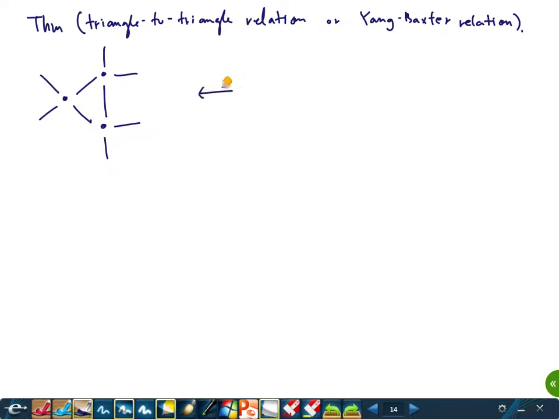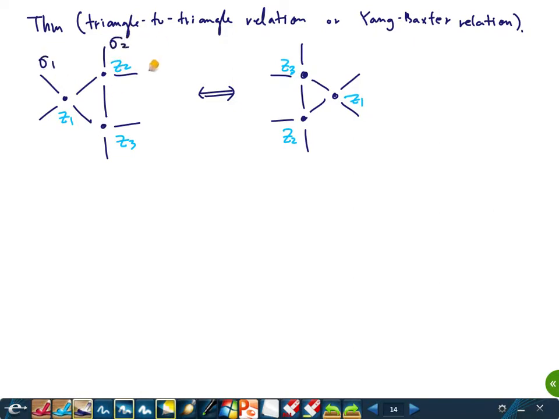So here, we move this triangle like that. So the label here is Z1, Z2, Z3, and Z2 and Z3 are changed like that. And Z1 is now here. And the orientations of these 6 arrows are like this: sigma 1, sigma 2, sigma 3, sigma 4, sigma 5, sigma 6. And sigma 1 is here.